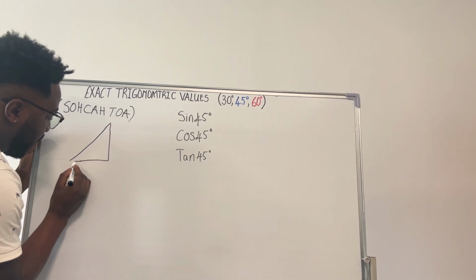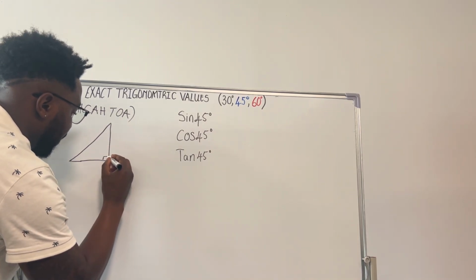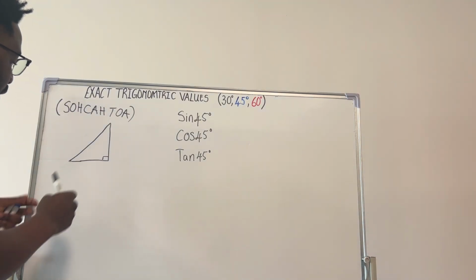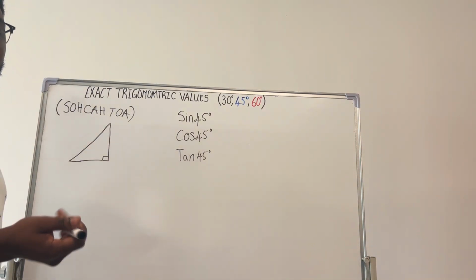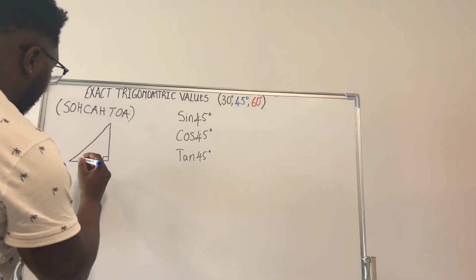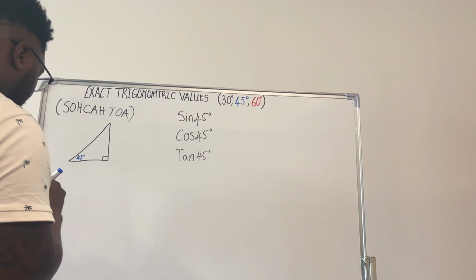Okay, so let's say we have this right triangle over here. And let us give two of these angles a value. Let's give it angle 45. Let's start with this angle over here. So this is my 45 degrees angle.